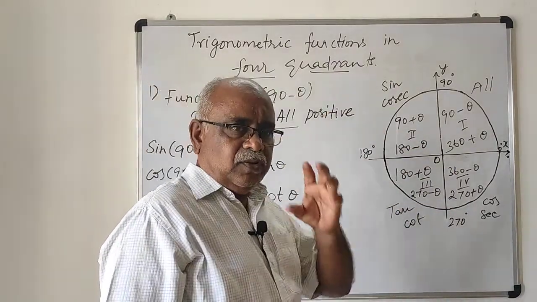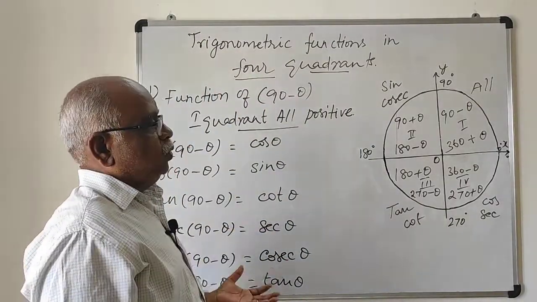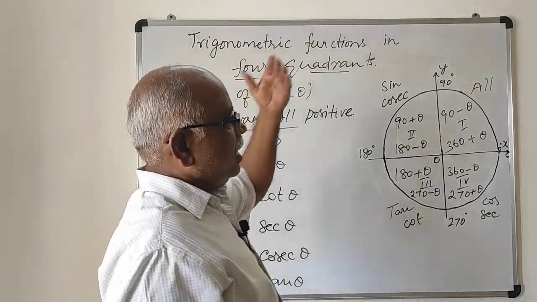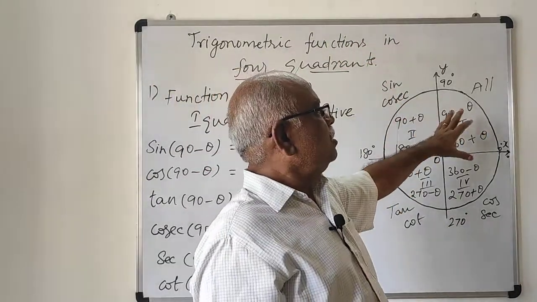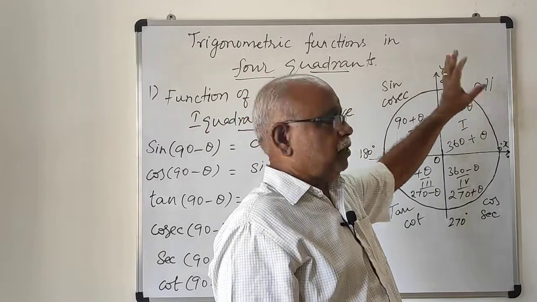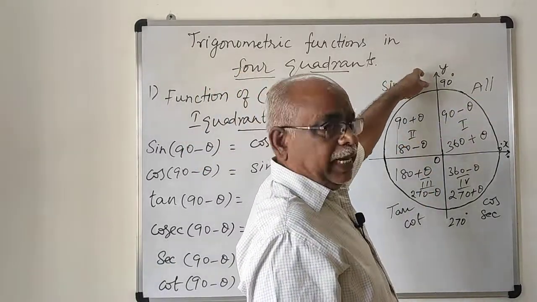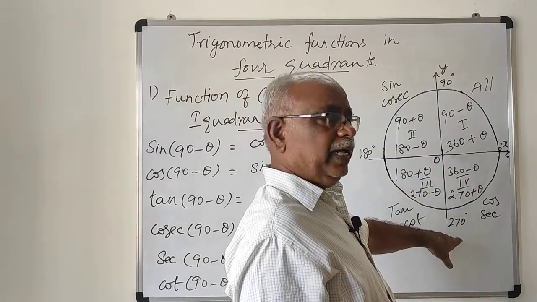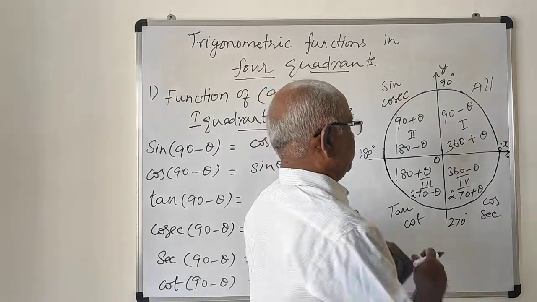And one more thing, first we have to find out which quadrant the angle occurs in, and also the sign of the ratio in that quadrant. In the first quadrant, there is no question of sign because all the ratios are positive. But one more thing you have to remember: top 90, below 270, left 180, right 0 degree or 360.